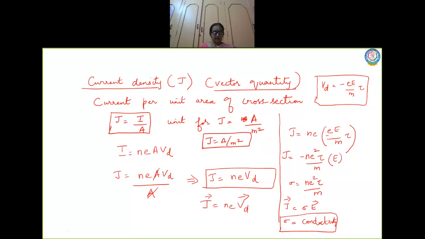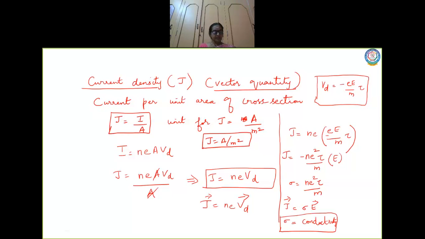Go to the next page, 88. On page number 88, you have example 2.3 and 2.4. A copper wire of cross-sectional area 0.5 millimeter square carries a current of 0.2 ampere. If the free electron density of copper is 8.4 into 10 power 28 meter cube, then compute the drift velocity of free electrons.